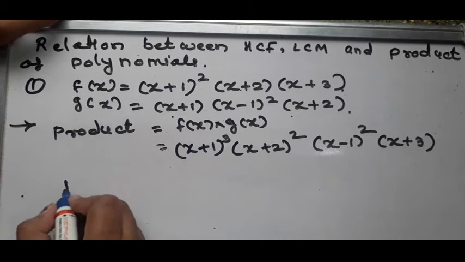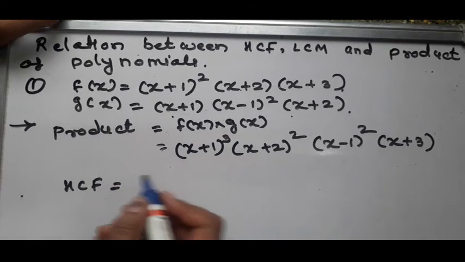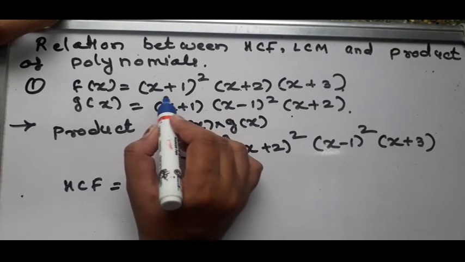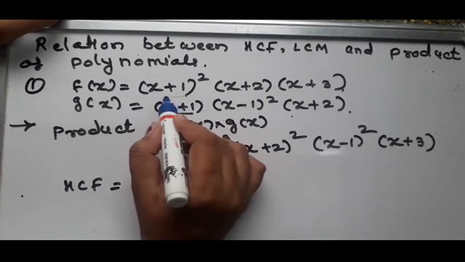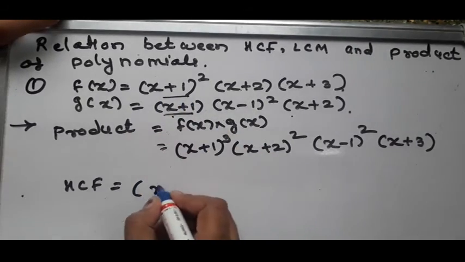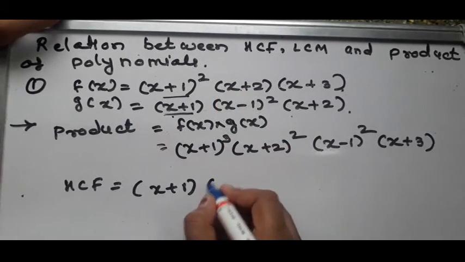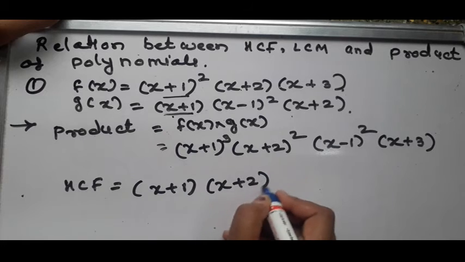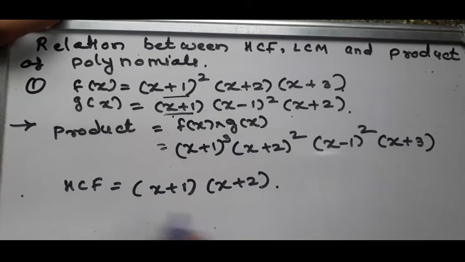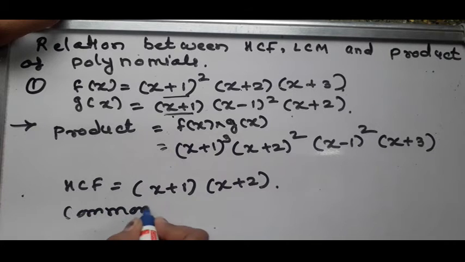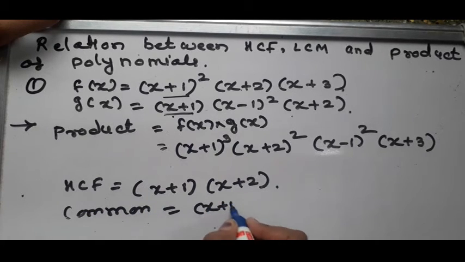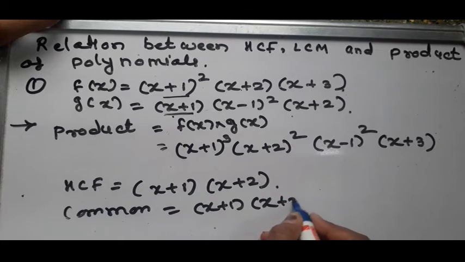Now we will find the HCF of the two terms. HCF means common. x plus 1 is common here. x minus 1 is not common. x plus 2 is also common. What are the common terms? x plus 1, x plus 2.